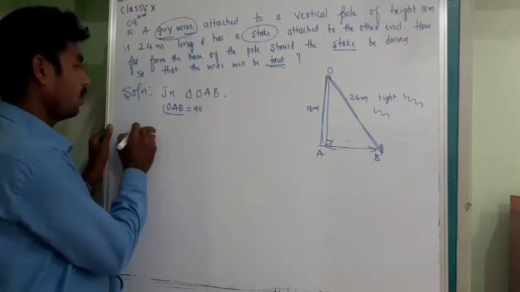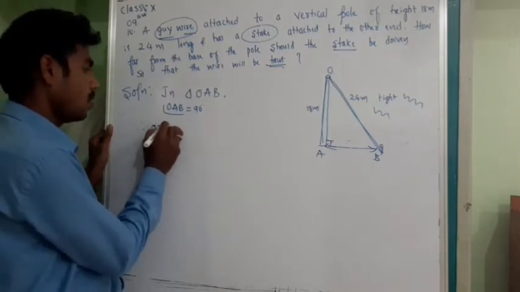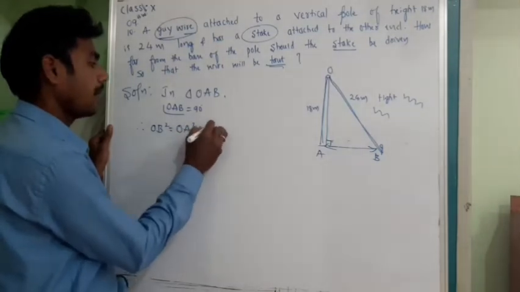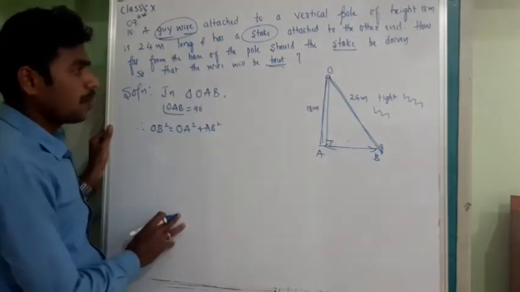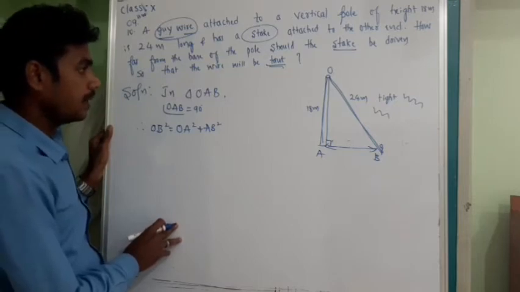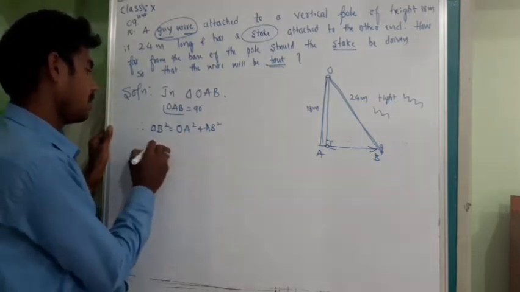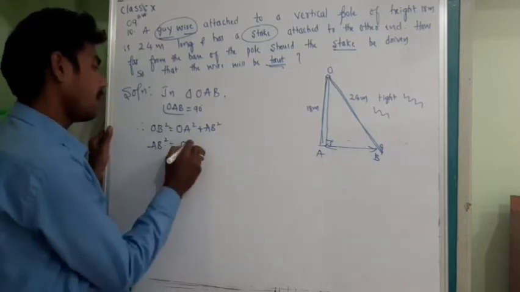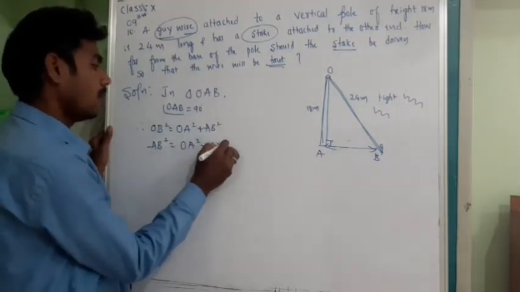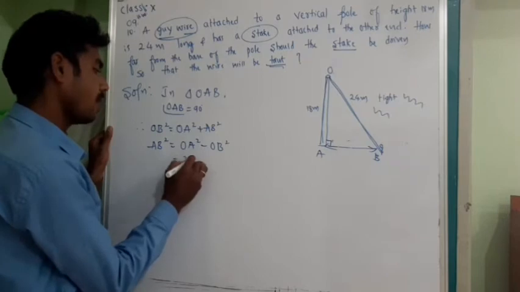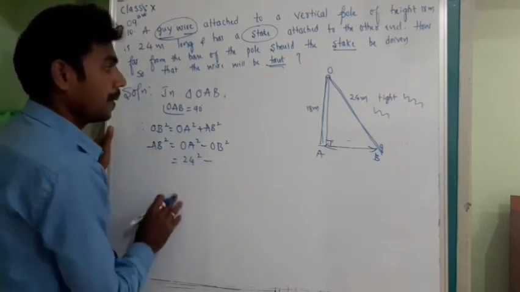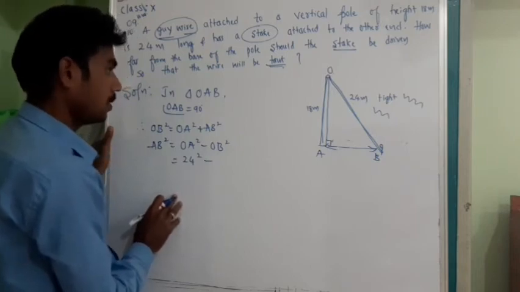So therefore OB square is equal to OA square plus AB square. Fine. So what is OB square? OB square is given. I need AB square. So AB square is equal to OB square minus OA square. What is OB square? 24 square minus what is OA square?